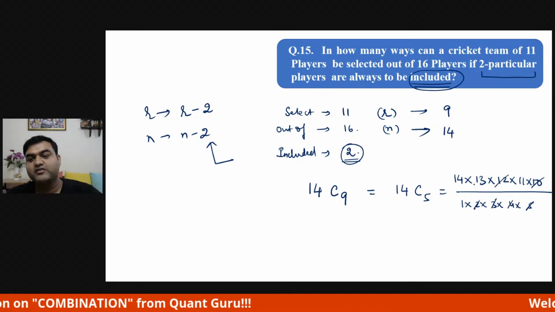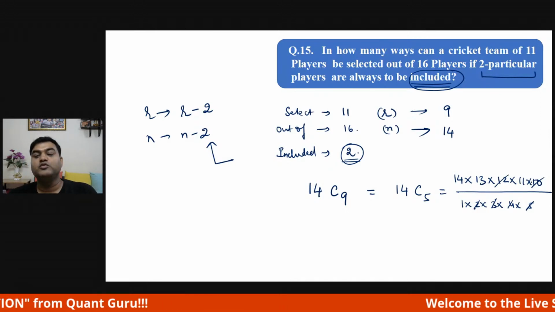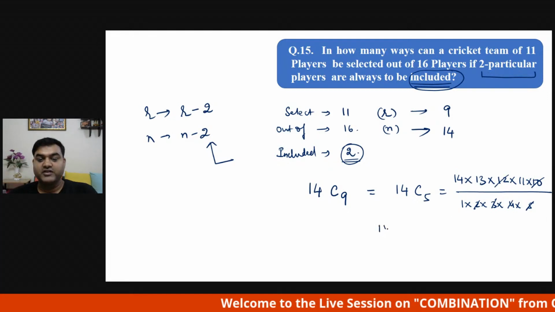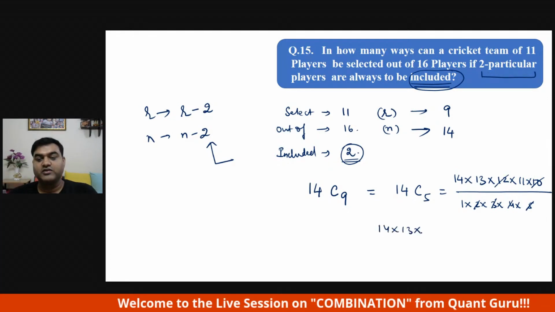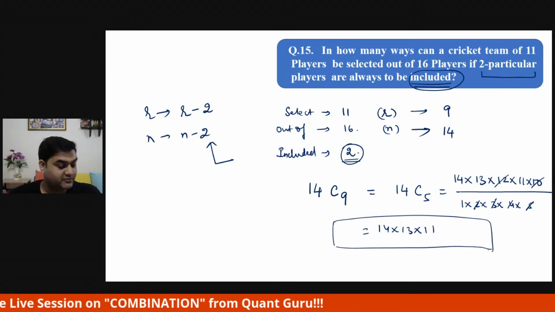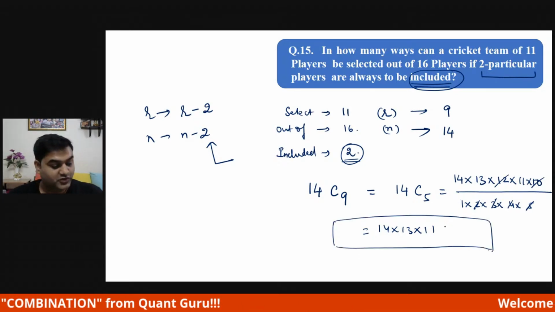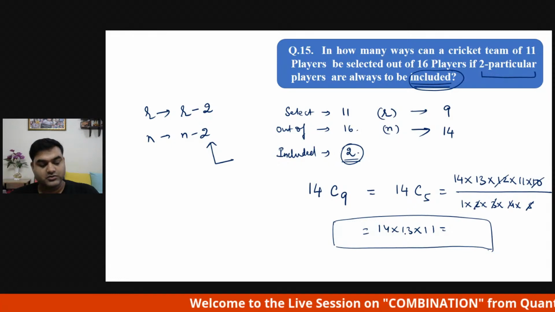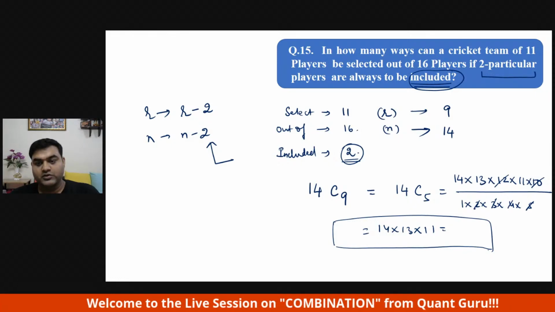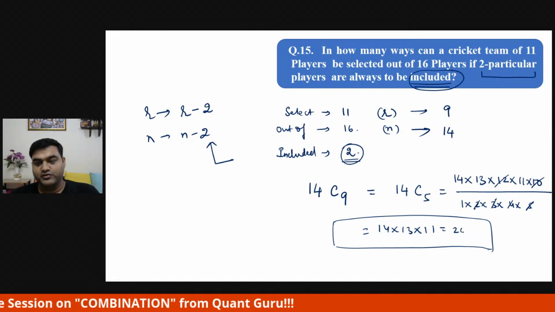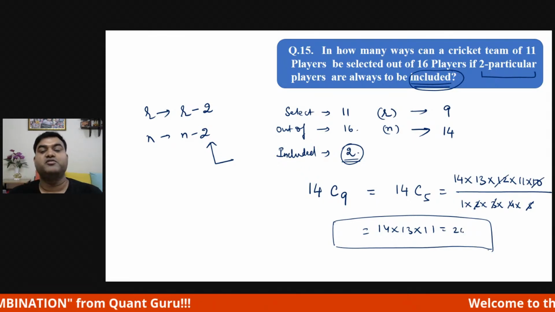So it is nothing but 14 into 13 into 11. 14 into 13 into 11 will be 2002. If I'm not wrong, this will be the answer.